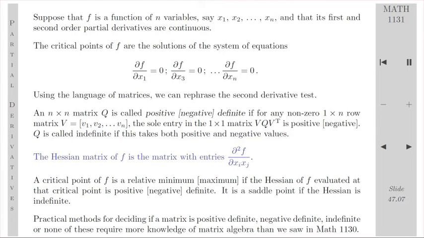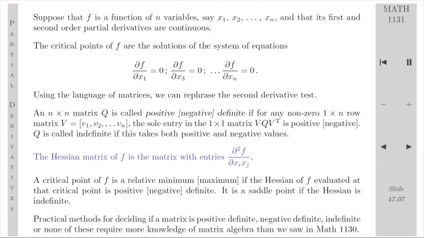I can take all the second order partial derivatives of f and arrange them in a matrix. If you think about it column by column, in the first column, I take all the partial derivatives where I first differentiate with respect to x1, the first variable. In the second column, I take all the partial derivatives where in the first step, I differentiate with respect to x2, the second variable, and so on. Or you can think of them as arranged in rows.